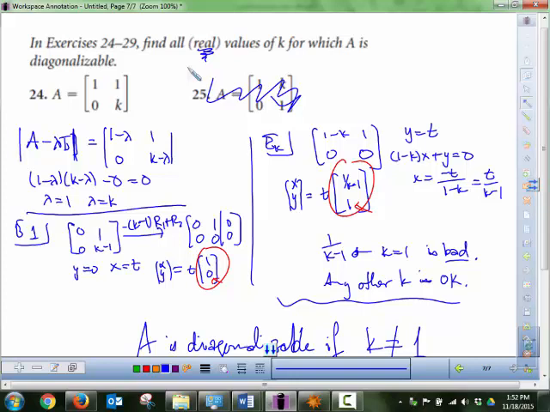Yeah? When they're talking about diagonal matrices, sometimes they talk about tridiagonal matrices, where there's more than one diagonal. Yeah, we won't talk much about that here.